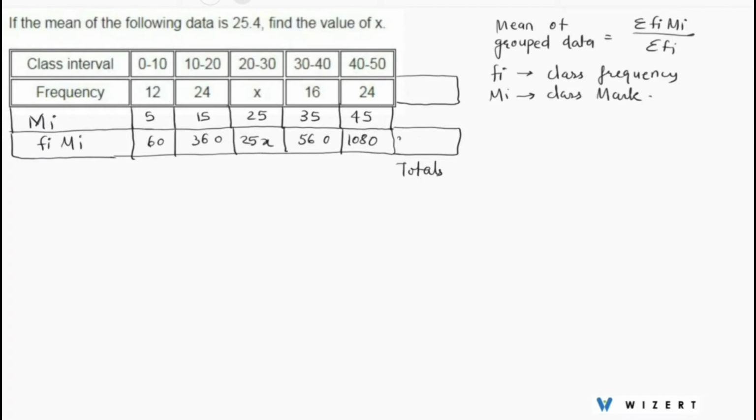So the addition is 25x plus a number. Let me make a bigger place here.